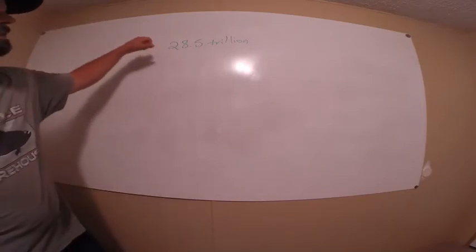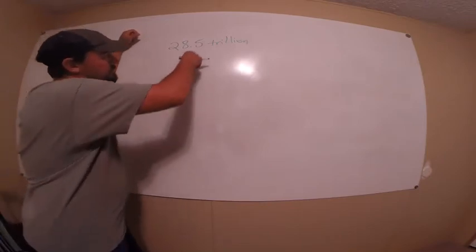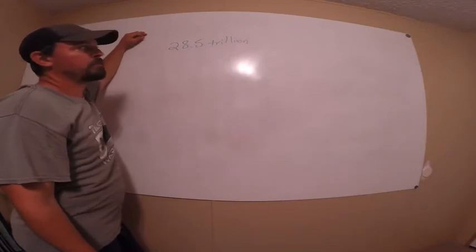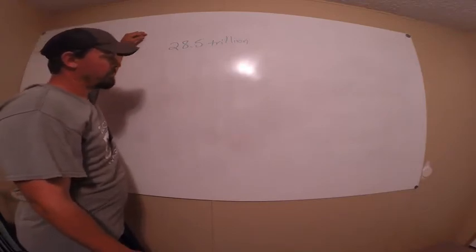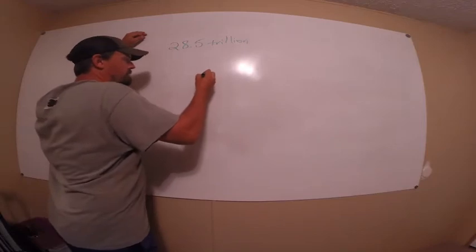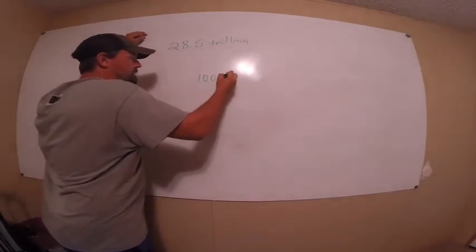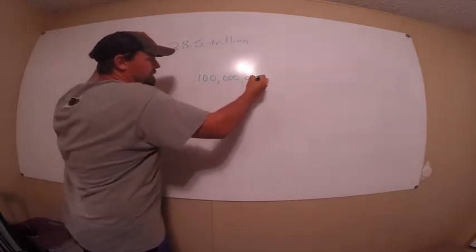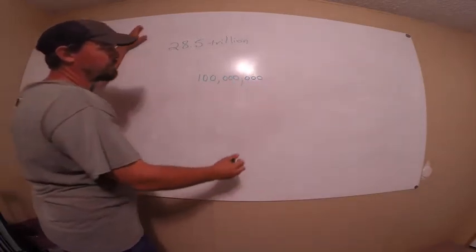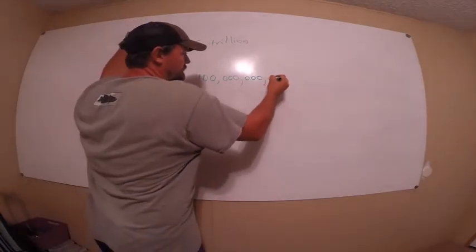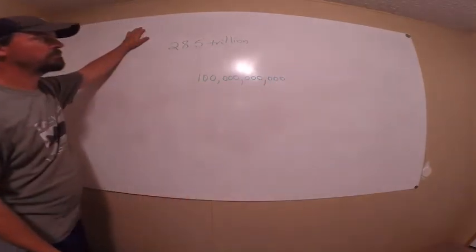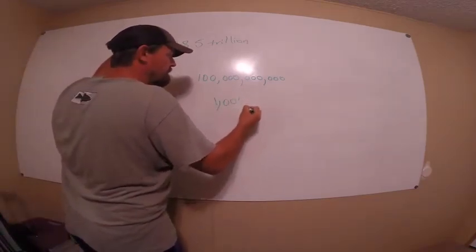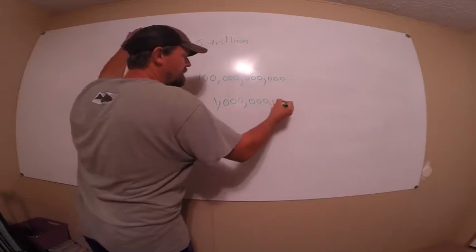Okay, so we're going to have to adjust. How many billions is 28.5 trillion? Let's think about this. That's 100,000, right? That's 100 million. That would be 100 billion. So a billion is 1, 3 sets of zeros.